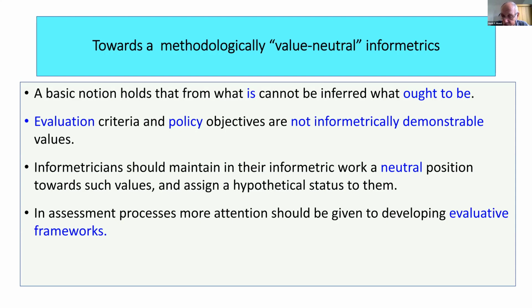My point is that bibliometrics or infometrics cannot decide upon what is desirable and what is not, or what is valuable or what is not. This is a domain that cannot be decided upon merely on the basis of bibliometrics or infometrics.